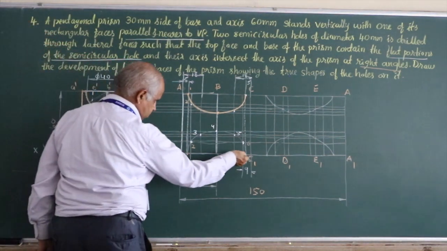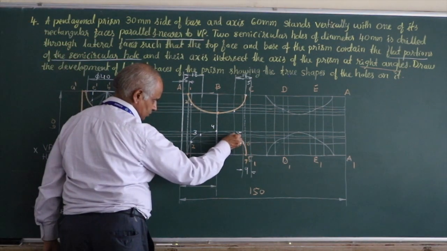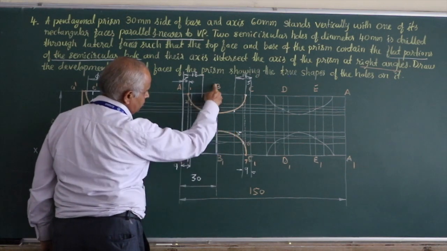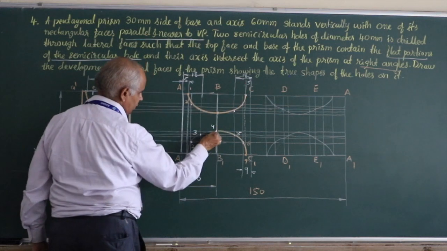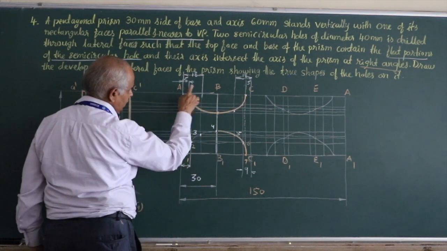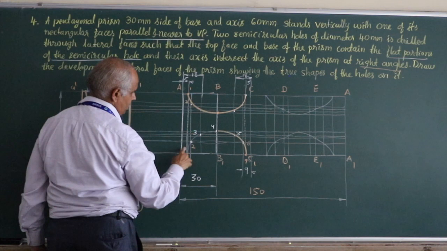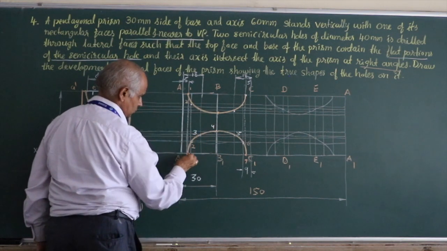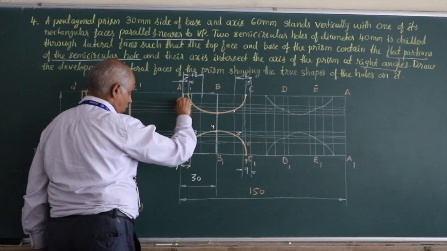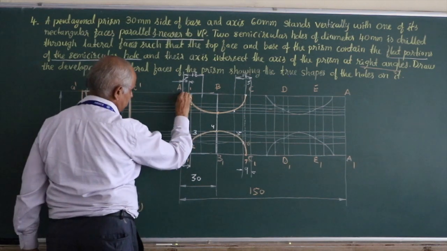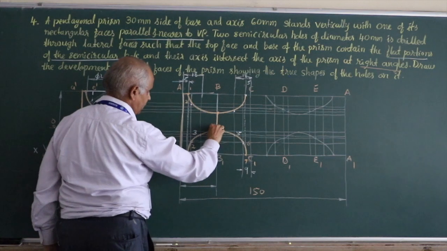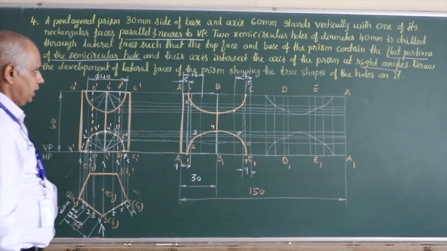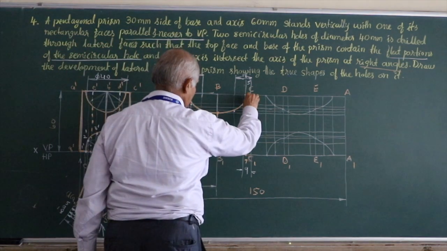Similarly, this should be a smooth curve, but this is on the rectangle face BB1C1C, and this is on the rectangle face AA1B1B. So you need to just draw the smooth curve. So the front portion of the pentagonal prism is completed, and this is retained, and this is the development. And of course the folding edge here is CC1.